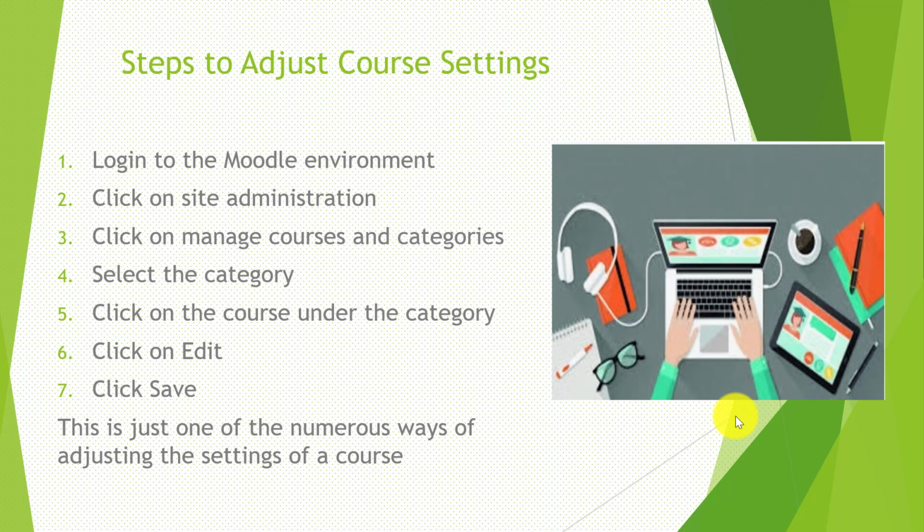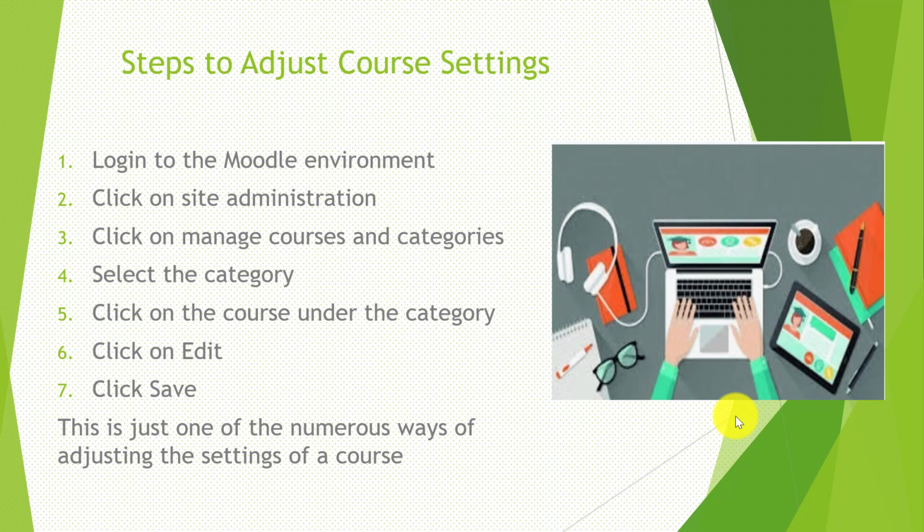To adjust the setting of a course, you must get into the course home page. You can get into the course home page via dashboard, but you must have been enrolled, even as a teacher or manager or a student, for that course to see the course on your dashboard. You click on it and you are inside the course.